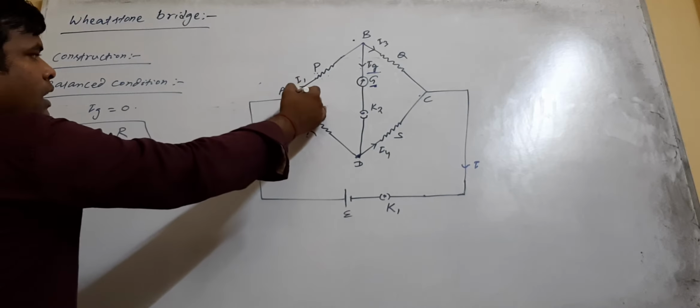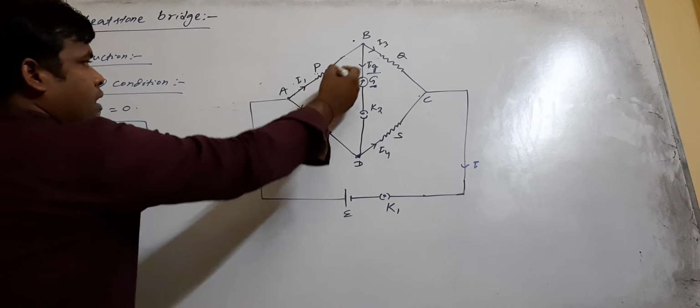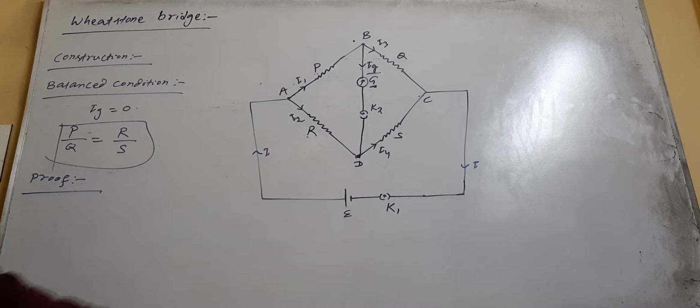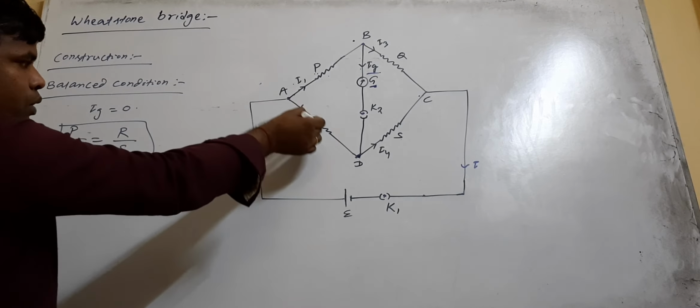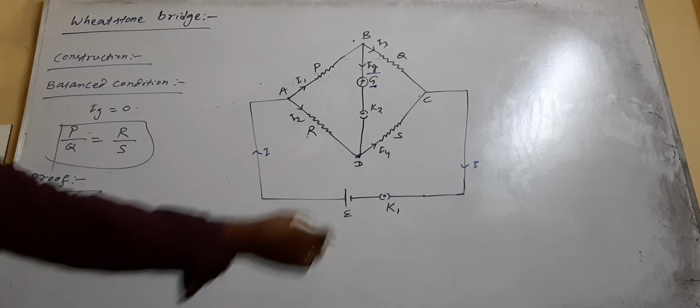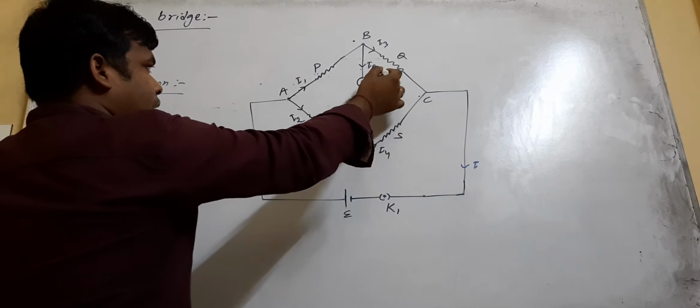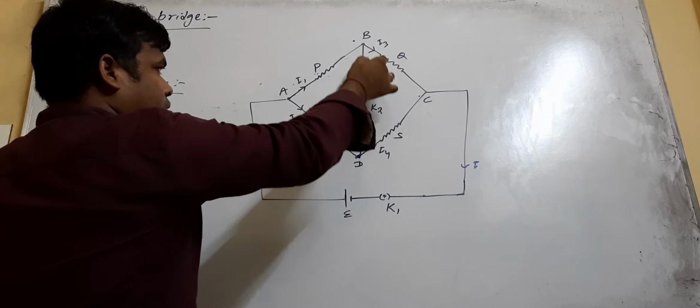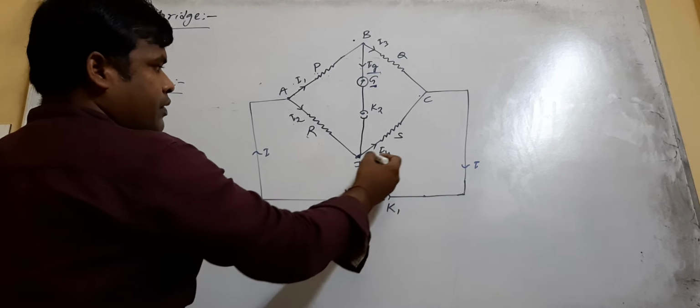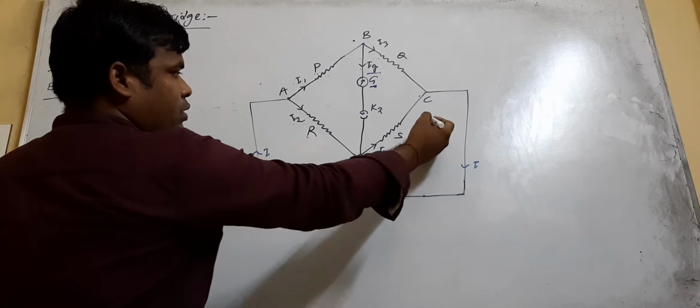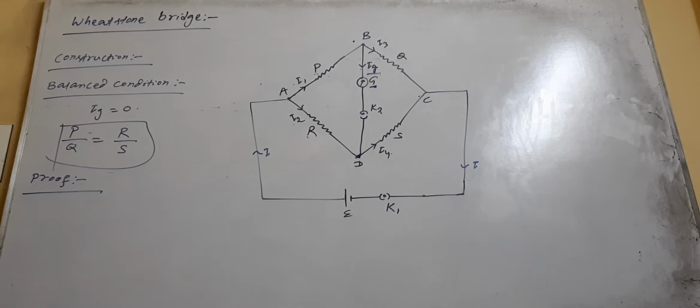You see here the current I1 flowing through the resistance P, and I2 is the current flowing through the resistance R. I3 is the current flowing through resistance Q, and Ig is the current flowing through the galvanometer G, and I4 is the current flowing through the resistance S.